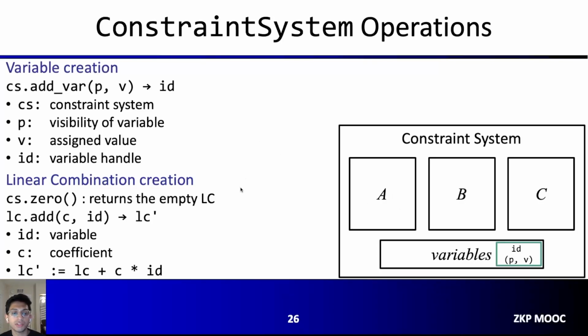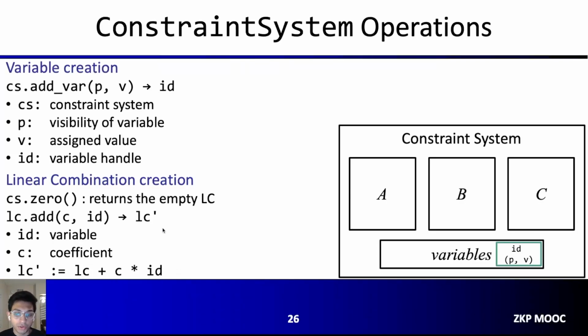Once you have this empty linear combination, you can add a term to it by giving the coefficient c as well as the variable handle id as input, and then you'll get the modified LC, represented here as LC prime, and that contains the original terms of the LC plus an additional term which corresponds to c times id.